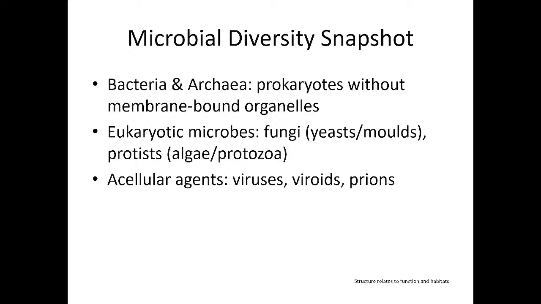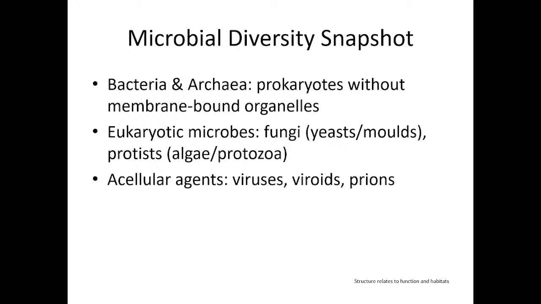The group of bacteria and archaea contain prokaryotic cells without membrane-bound organelles. So all of these will form what is called the prokaryotic cell. We are going to see it. Then there are eukaryotic microbes, which include fungi, yeast, or mold. Then protists. Protists are made up of the group of algae as well as protozoa.